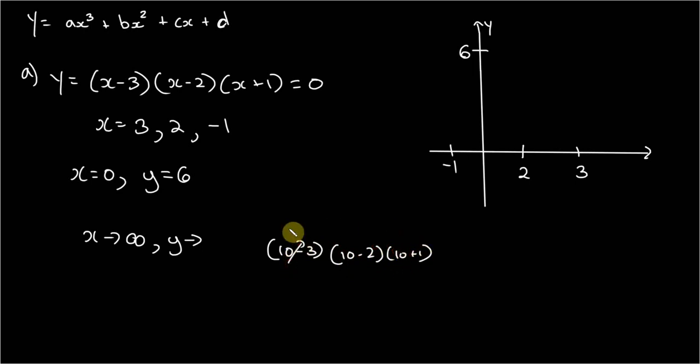Well, 10 minus 3 is 7, 10 minus 2 is 8, 7 times 8 is 56, this is 11, 56 times 11 is going to be 616, I think. Yeah, 616.